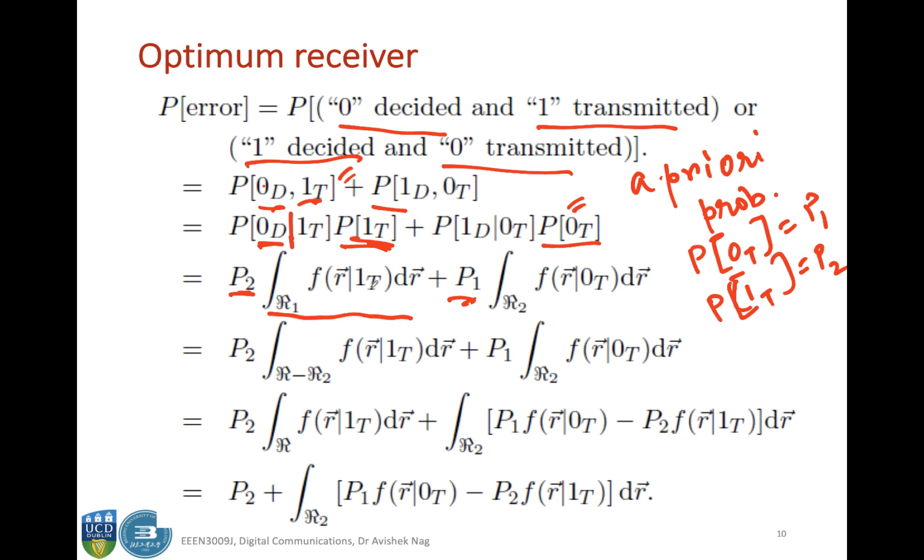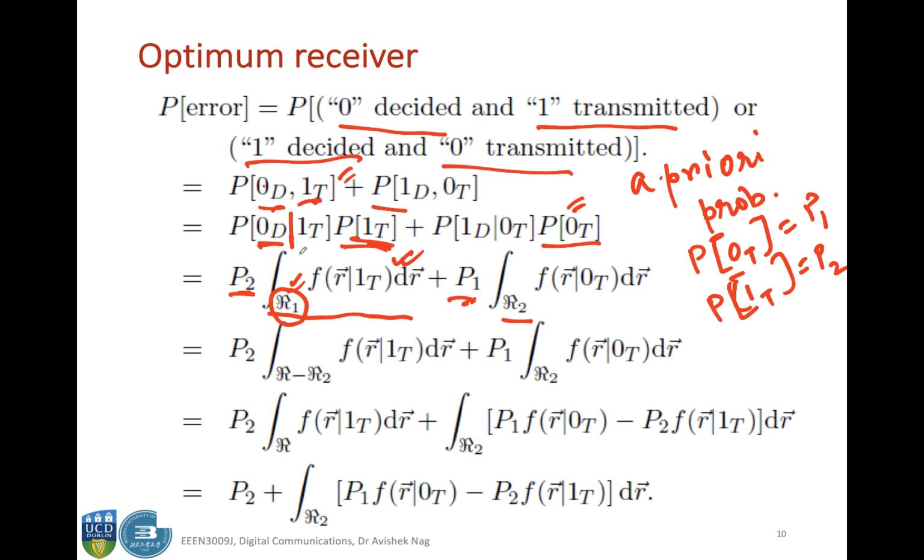The conditional probabilities are nothing but the integral of the conditional PDFs within region R1 and region R2. So probability of 0 decided given 1 transmitted means that your received signal is falling within region capital R1.